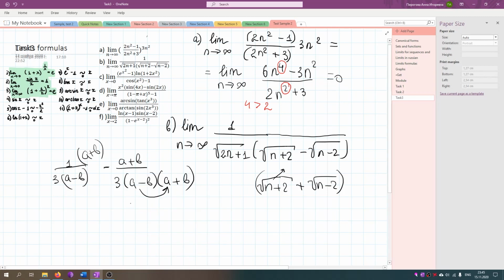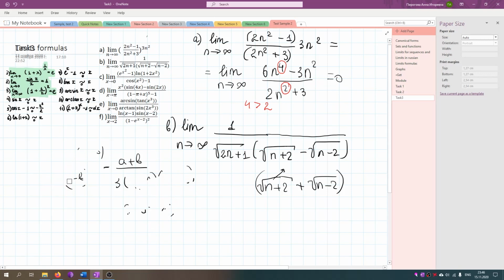If we multiply it, we'll get 3 times a plus b over a squared minus b squared. That's very useful in our case, because we have square roots here, and if we multiply by the opposite expression, we will get squares, and these squares will eliminate our square roots.